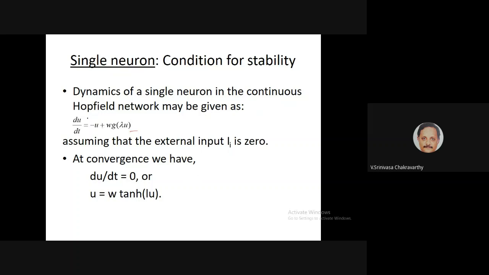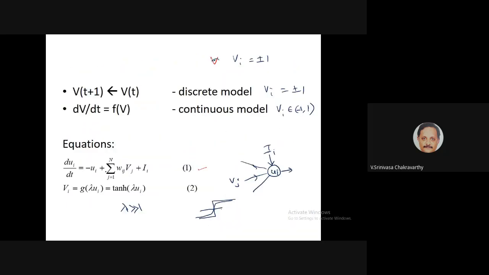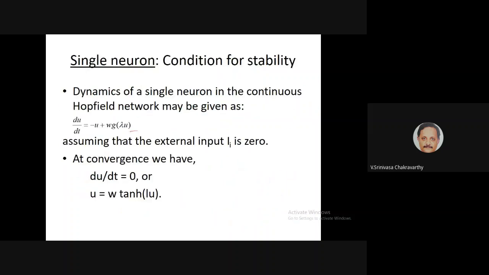Now, if you look at a single Hopfield neuron, it can be written like this, because if I remove all the cross connections that you get from other neurons, and I just take the ith term itself, it looks something like this.